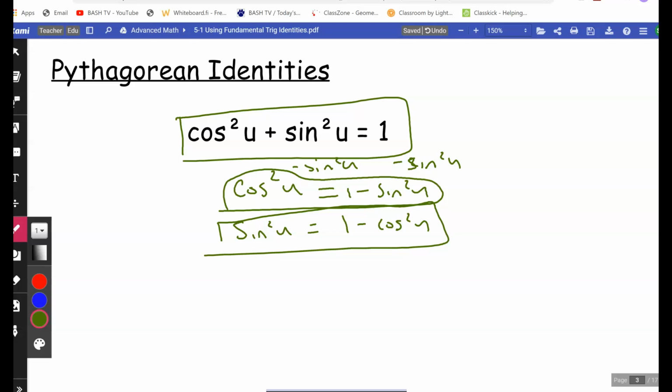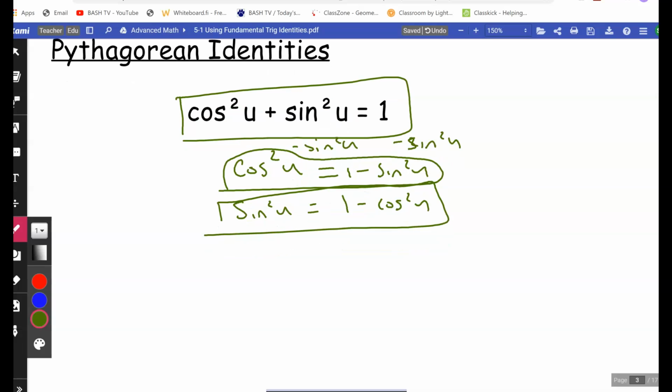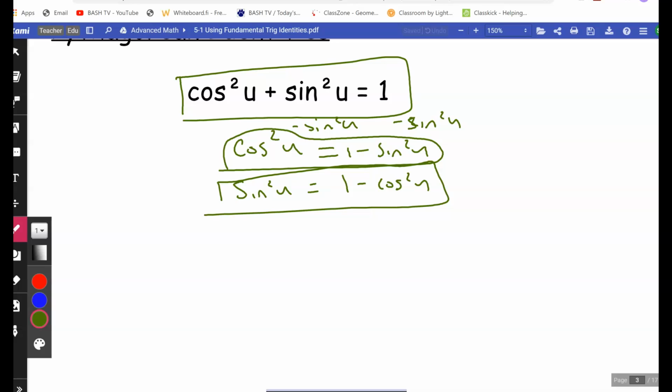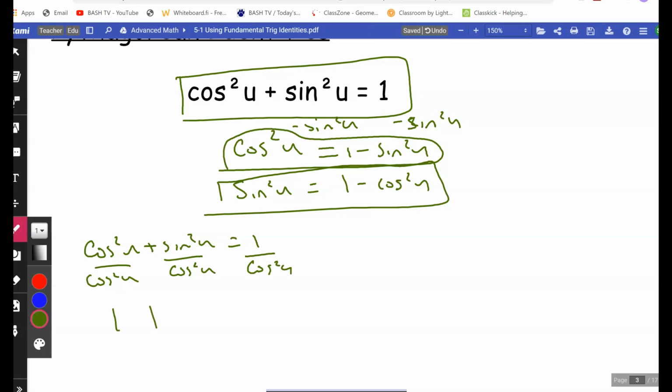Now, there are a couple other variations that we use that are sometimes a little tricky for people to see. I'm going to take that original identity, cosine squared plus sine squared equals 1, and divide everything by cosine squared. Well, cosine squared over cosine squared gives me 1.